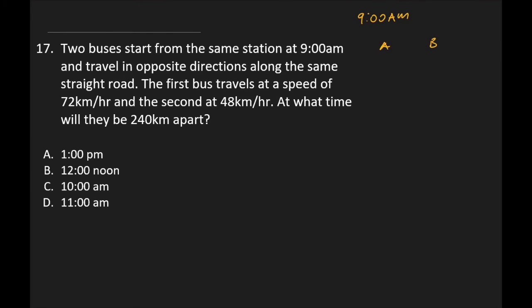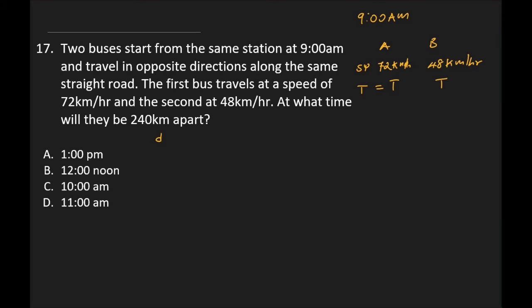The first bus A travels at a speed of 72 kilometers per hour, and the second at the speed of 48 kilometers per hour. At what time will they be 240 kilometers apart? Time t is same for A and for B.